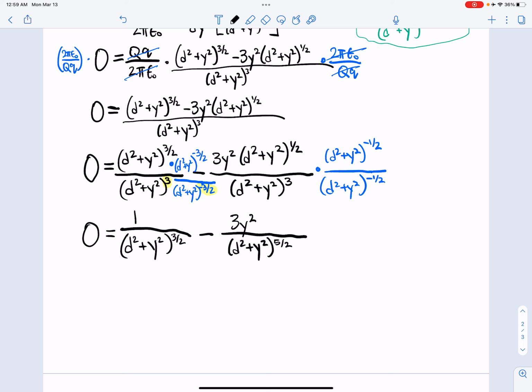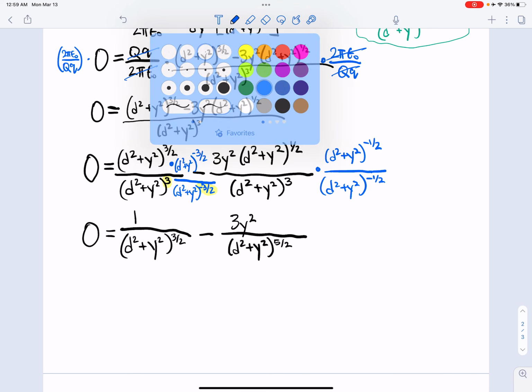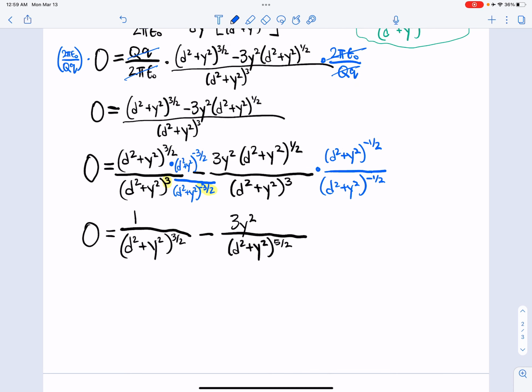Okay, so I'm going to multiply both sides of this equation now by d squared plus y squared to the power of 5 over 2. So this whole thing, I'm going to multiply by d squared plus y squared to the power of 5 over 2, right?